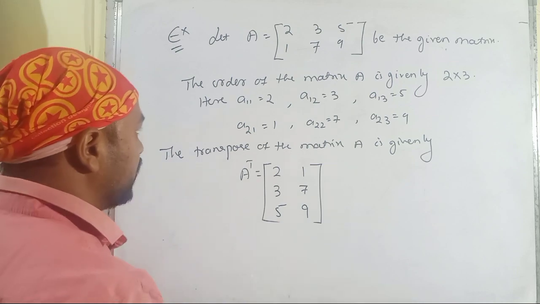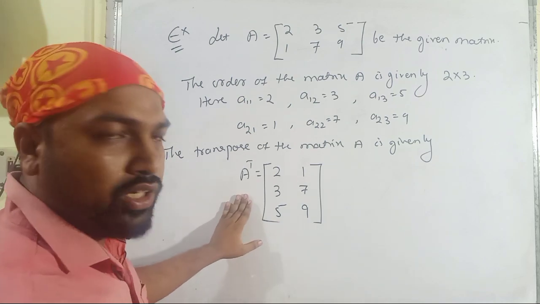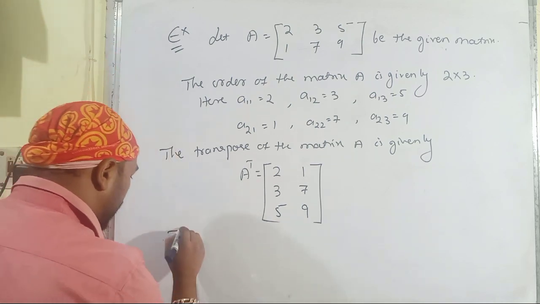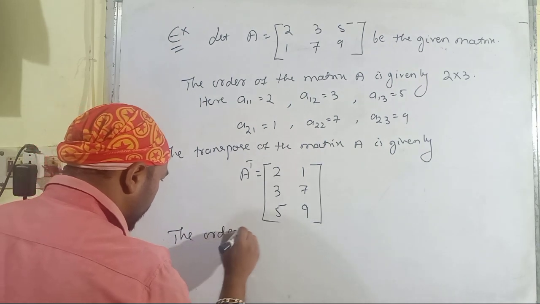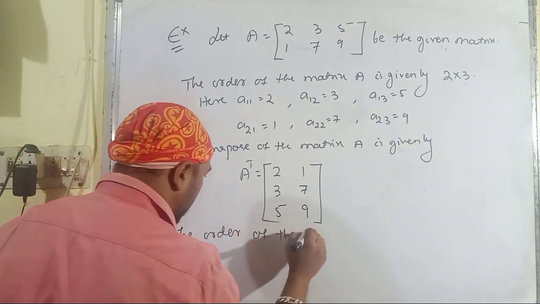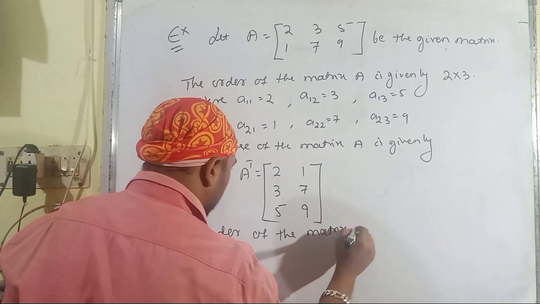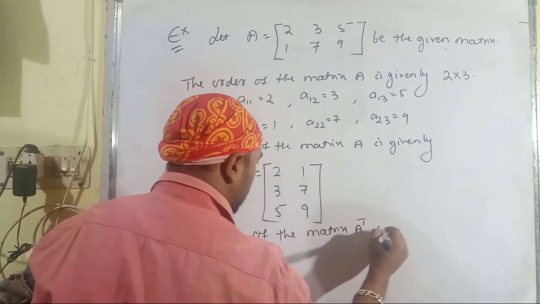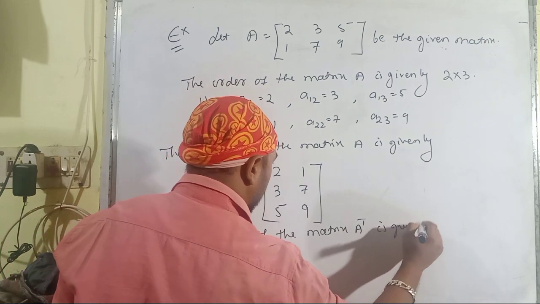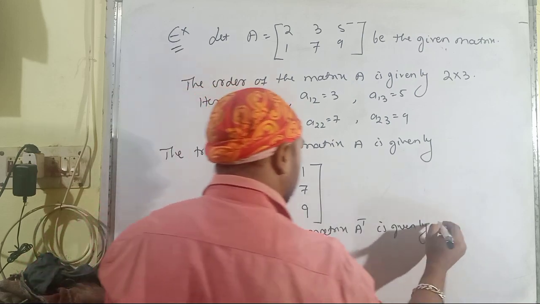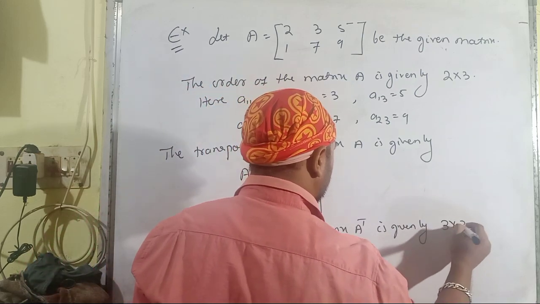Then let us define the order of the transpose of the matrix A. The order of the matrix A transpose is given by 3 cross 2.